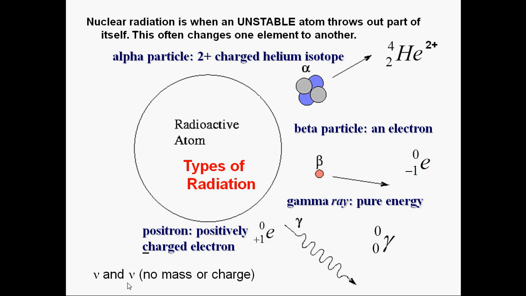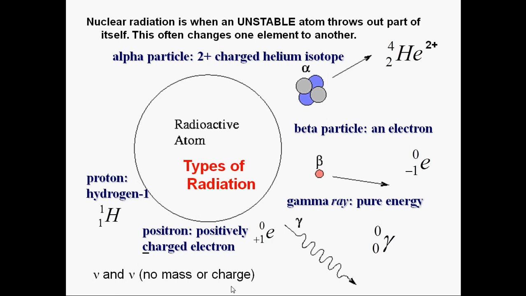We're still kind of playing with them and figuring out what their purpose is. But currently, neutrinos and antineutrinos are mainly useful because we can detect them and get a sense of what kinds of radiation are going on. But neutrinos and antineutrinos in and of themselves don't really do a whole lot. They don't have any mass or any charge, so they're just sort of side players in this game.